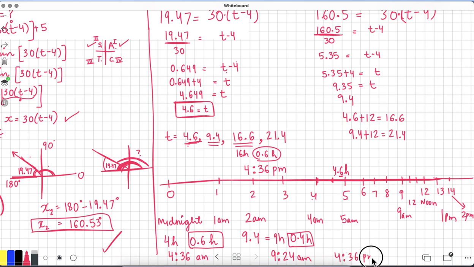Same thing, 21.4: 21 hours after midnight means 9 PM. So it's going to occur at 9 PM and 24 minutes, so 9:24 PM. These are the number of hours after midnight, and these are the exact times when the tide will occur. The height will be 6 meters.